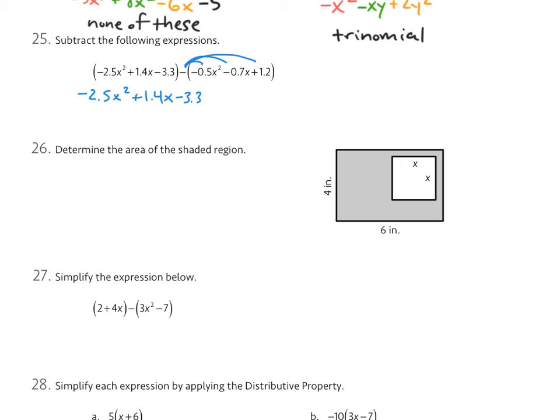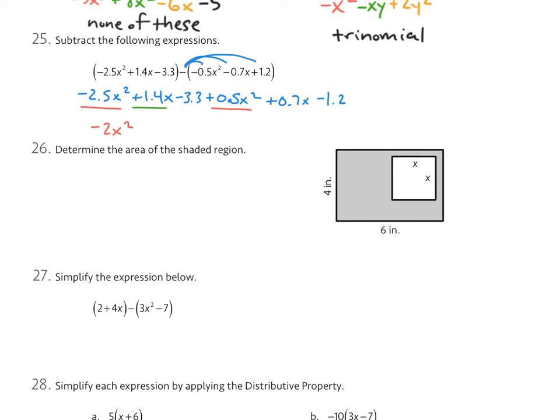Minus 0.5x squared becomes plus 0.5x squared. Minus 0.7x becomes plus 0.7x. Plus 1.2 is now minus 1.2. Let's look for like terms. Negative 2.5x squared plus 0.5x squared. That's negative 2x squared.